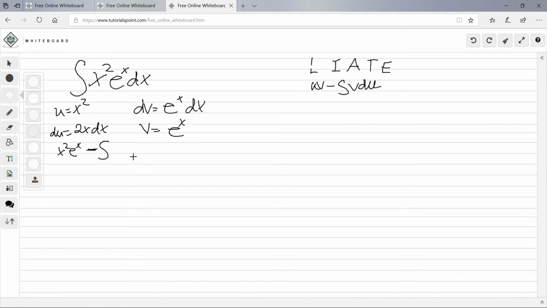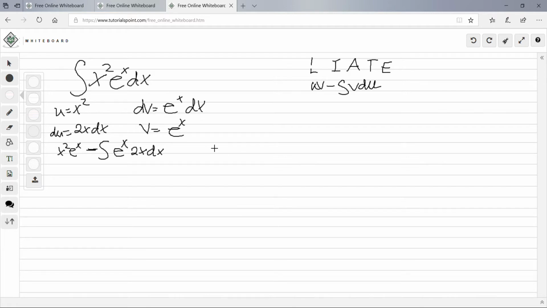So the integral is e to the x because that's our v, and our du is 2x dx. Yes. So I'm looking at this part, and it says we got to integrate again by integration by parts. So this is integration by parts twice. So let's look at this part.